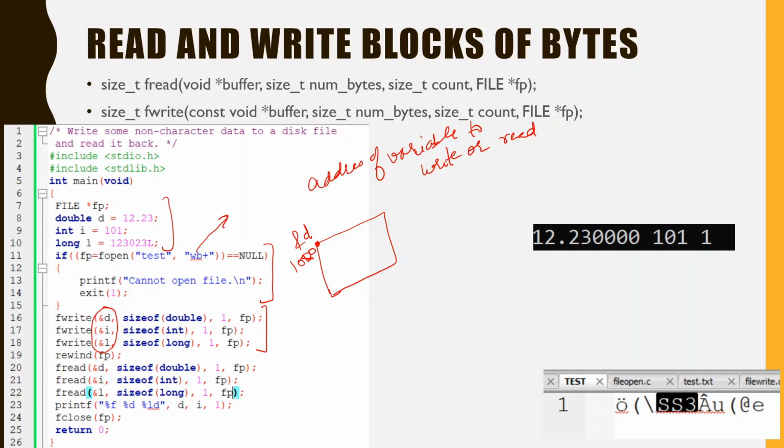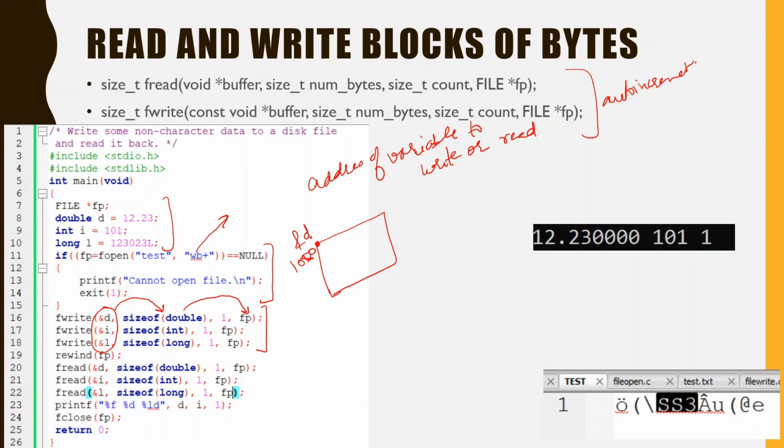So the order is like this: the bytes from here are taken, and this many bytes would be taken, and this option is always 1 for indication, and then these bytes are written to the file pointer. These functions are also auto increment, so this fp is going to increment automatically by the size of double.